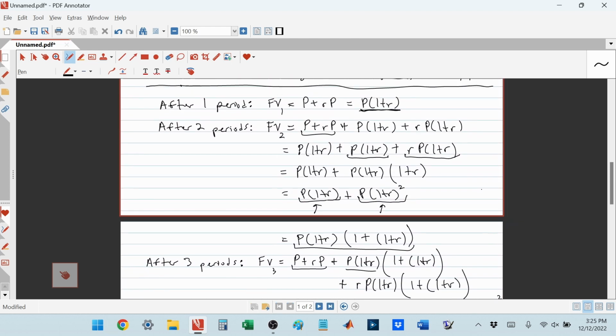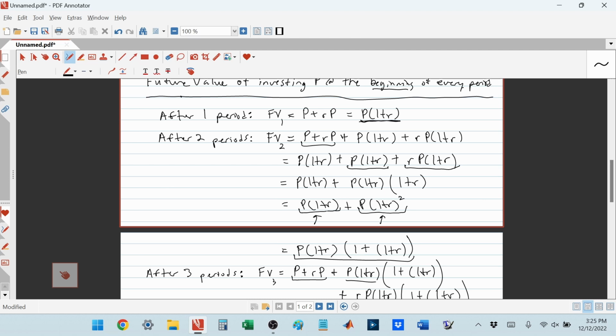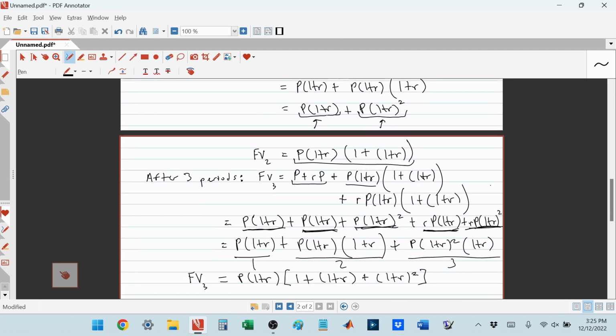After 2 periods, our account was valued at P times (1 + r) times the quantity 1 plus (1 + r). After 1 period, our account was valued at P times (1 + r) times the quantity of 1 plus nothing, right? So you see there's a pattern here.